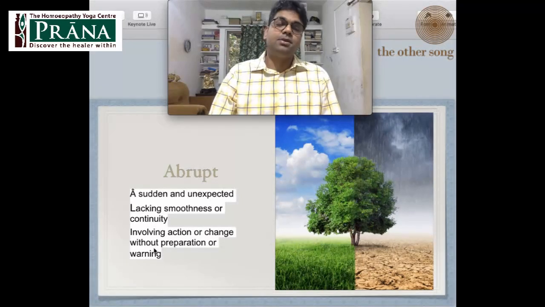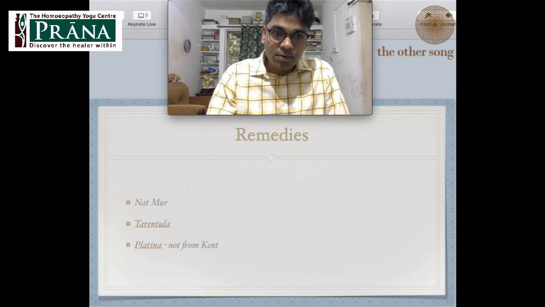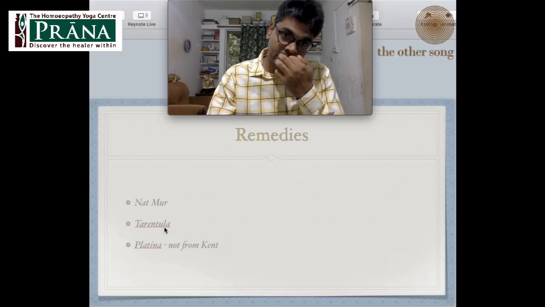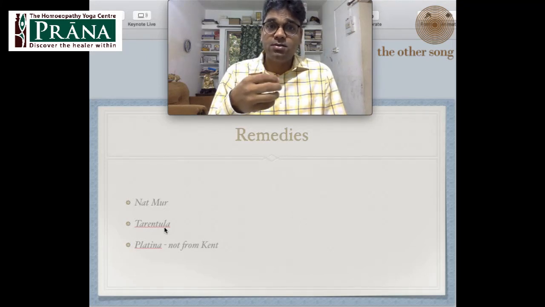That is abrupt. So let us look at some of the remedies in abrupt. In Kent's repertory, there are only two remedies, that is Natrum Mur and Tarentula. So Tarentula is abrupt in his action.